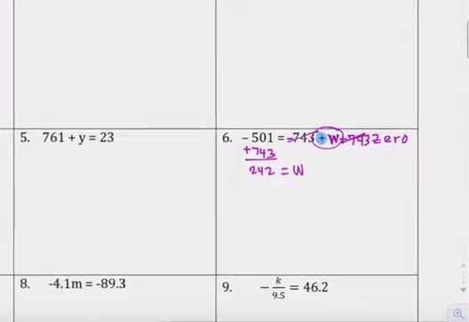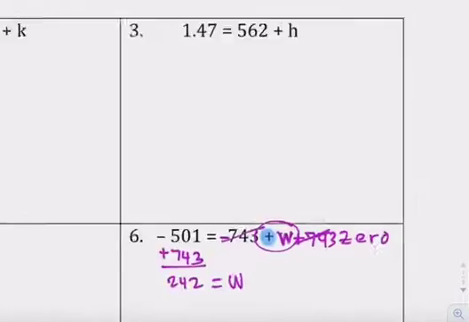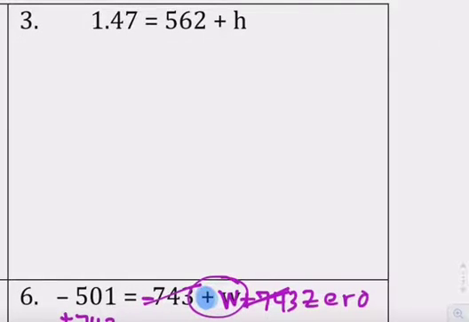Same thing here on number 3. This is a plus problem, so the goal is to make this number right here equal to 0. How do you make a positive 562 get to 0? You minus 562.